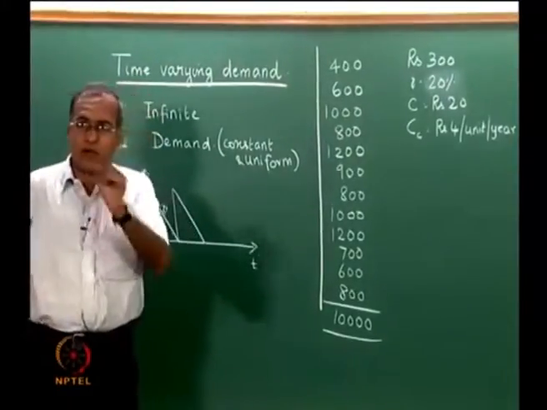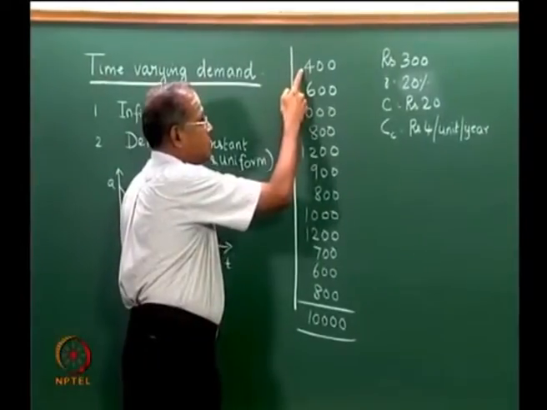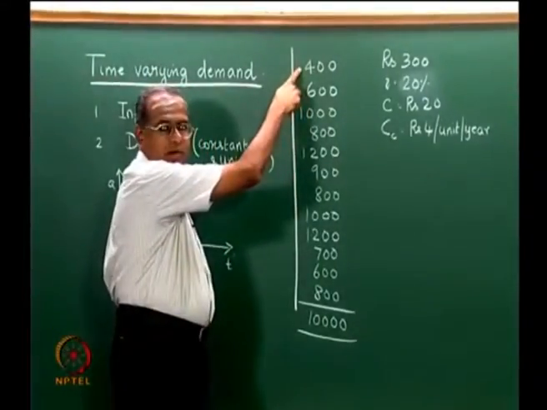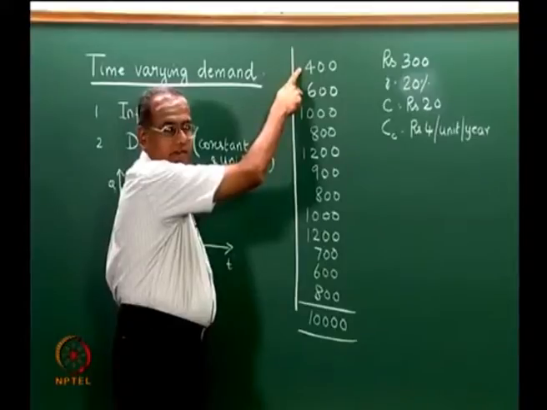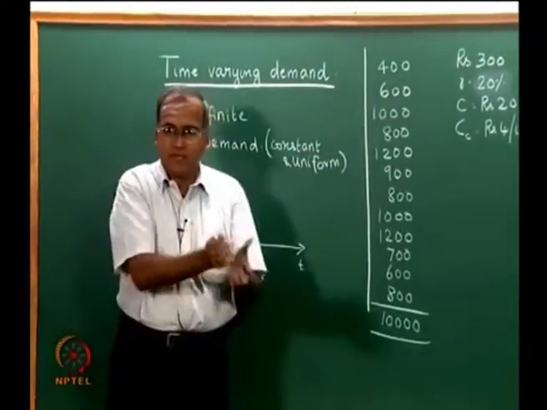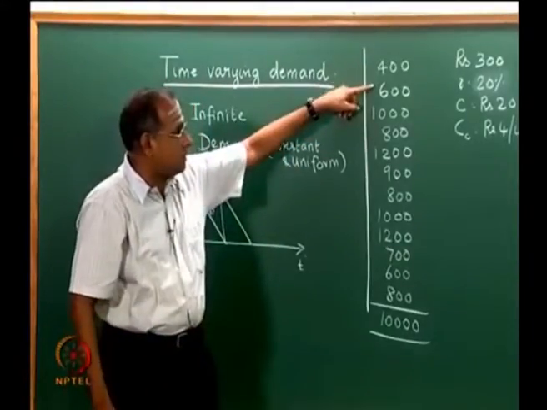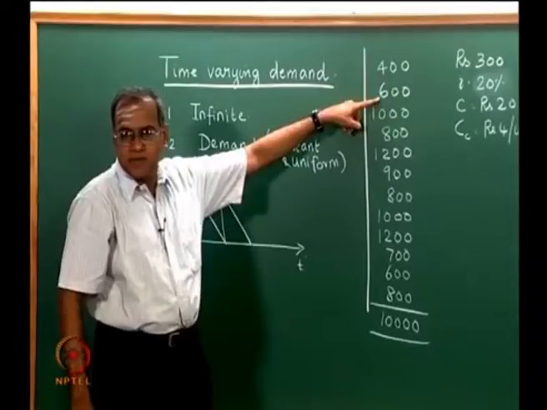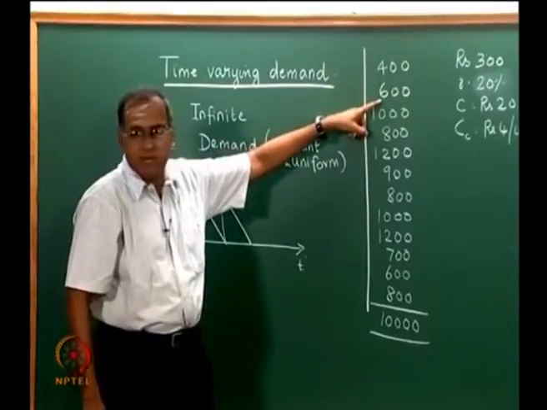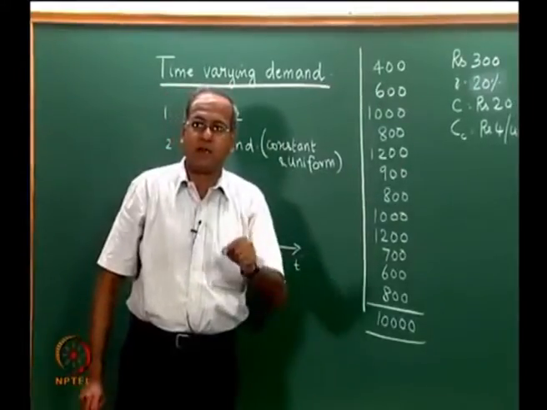Then we order once here, a quantity of 500, out of which 400 is consumed at the end of the month, and there is 100 remaining at the beginning of this month to meet this 600. With that 100 we will not be able to meet this 600, which means somewhere in between we have to place an order for another 500.